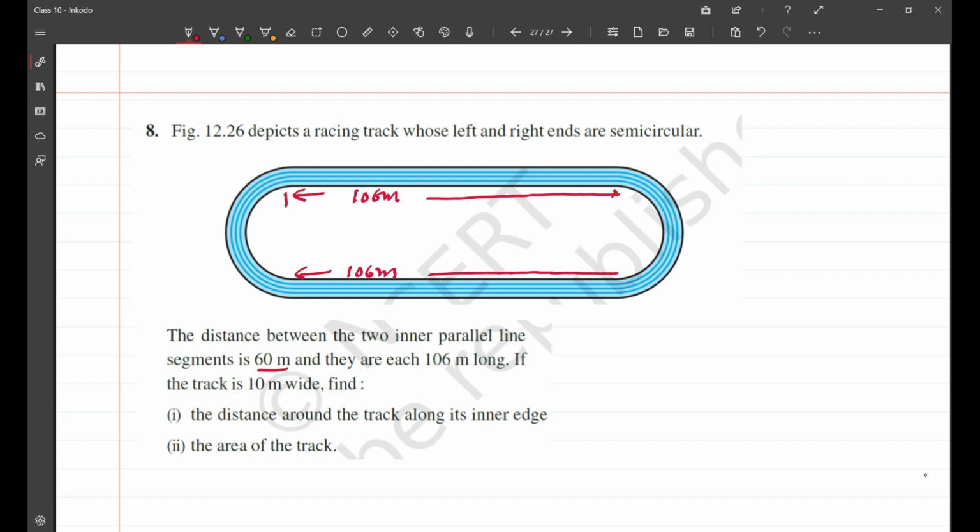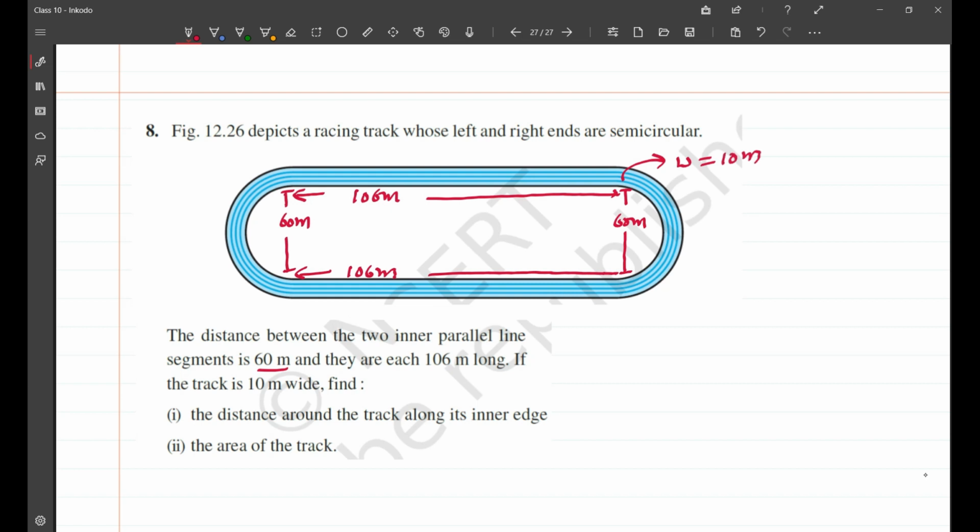This one 60 meter, here also 60 meter. These are the given measurements. And the width of the track, the width of this blue colored one, is given as 10 meter.